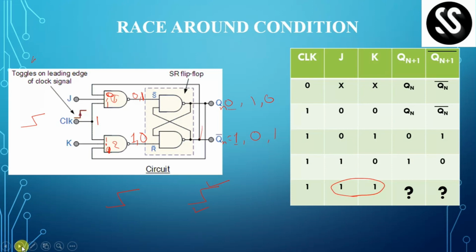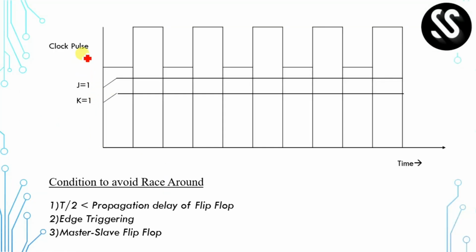This can be better understood in the graph. This is the clock pulse and this is the 0 value, this is the up transition, this is the high value, this is the down transition. This is called the up edge, this is called the down edge, this is called the level, right? So when K equal to 1 and J equal to 1, what happens? Before that the clock is 0, so we don't care about the output. When the clock is 1, the output goes up and comes down, again goes up and comes down, and it continues. Now the clock becomes 0.